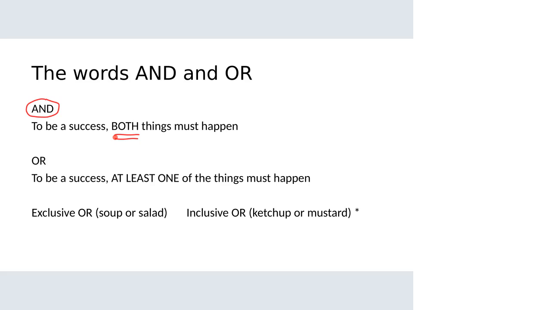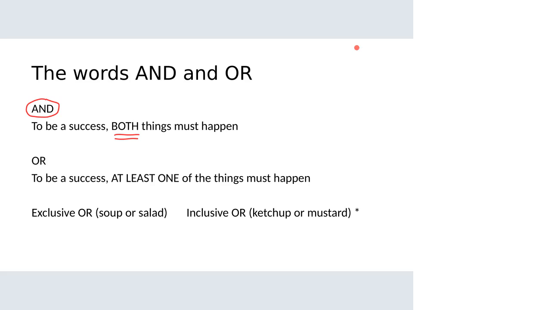This may lead back to your study of Venn diagrams in 122 when we had intersect. Because in order to be in the intersection, that was when we had one thing and another thing. And so this is very much like intersect when we did Venn diagrams and set theory in 122.